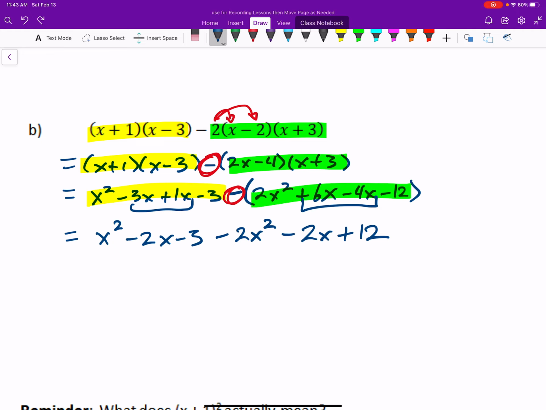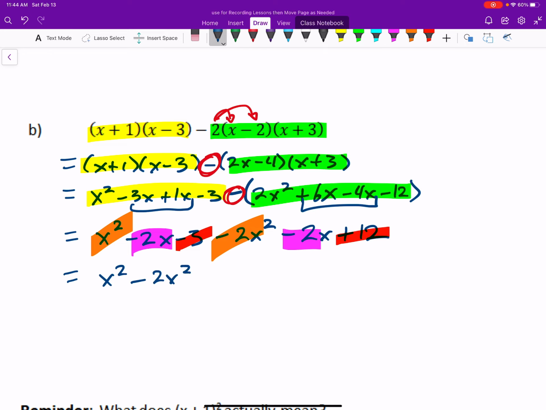Now again, I got more like terms to collect. I'll just highlight them here for simplicity's sake. So I got x squared terms, I've got x terms, I've got constant terms. I'm going to start with the highest, which is x squared terms, and put them together. Then I'm going to do my x terms. And again, I'm moving the signs with the numbers that come after them.